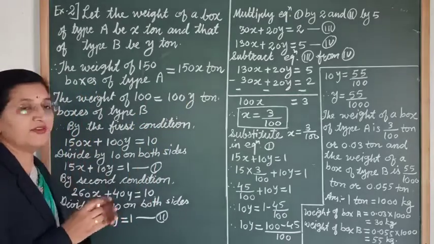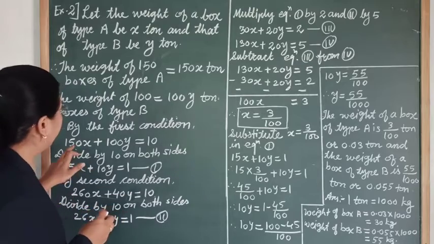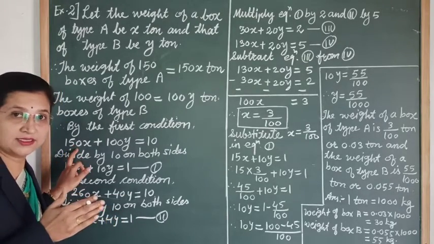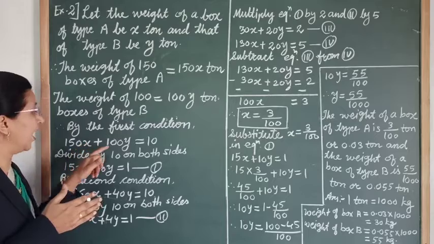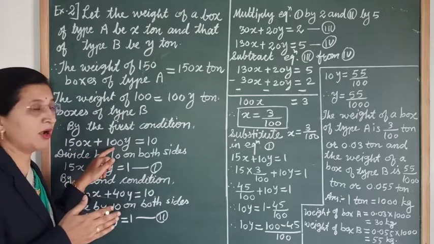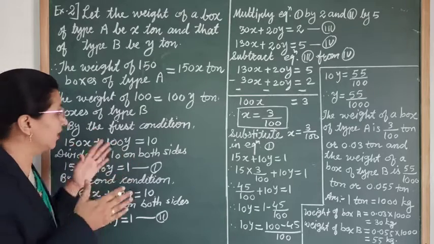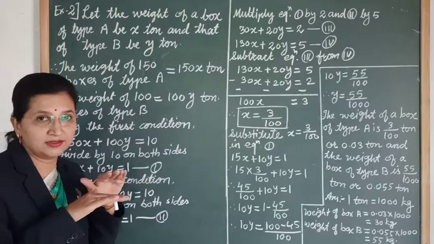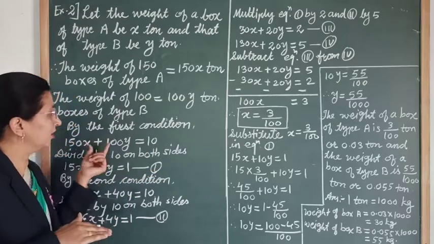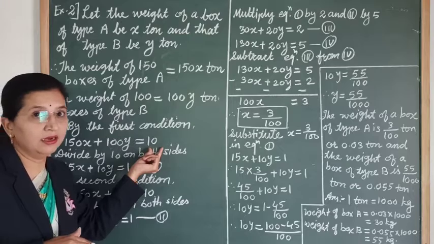Okay. Now the first condition is given that 150 boxes of A type and 100 boxes of B type are there, then the capacity of the truck gets filled. Okay, it means the total weight is 10 ton.